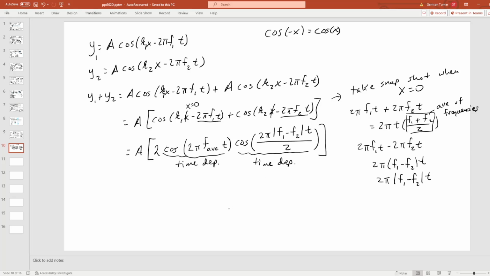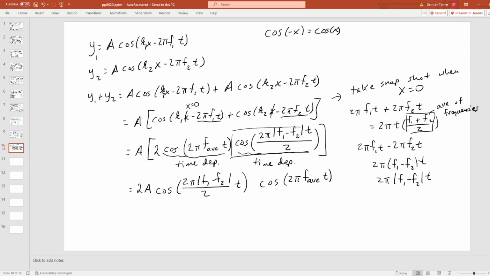And what happens is the 2 comes out front, and we also pull this portion out front. And then we have cosine of 2 pi f average t.